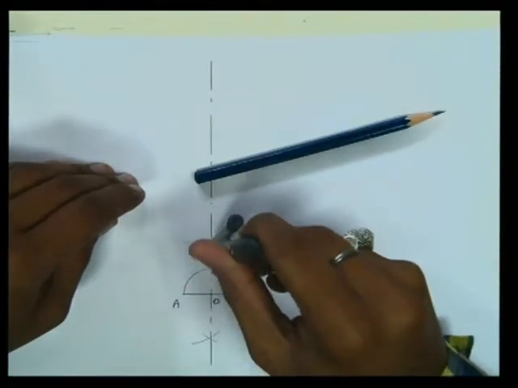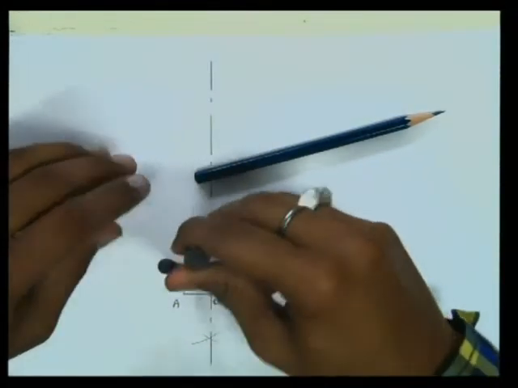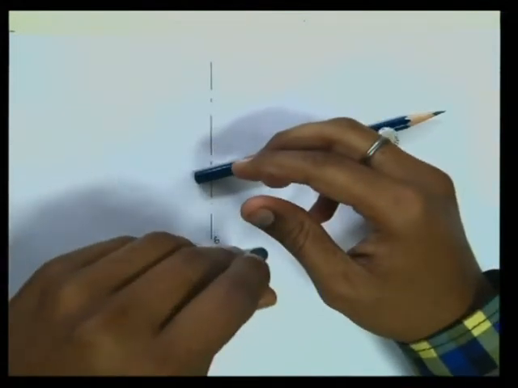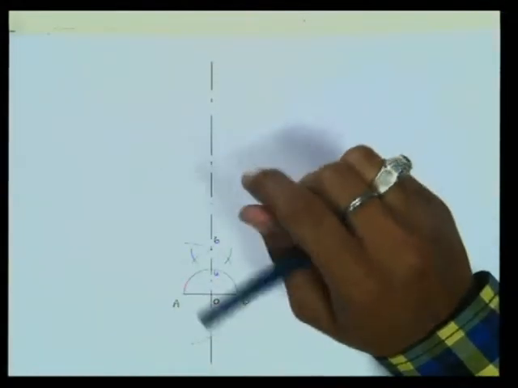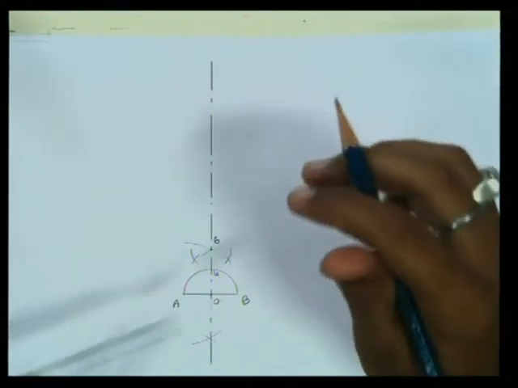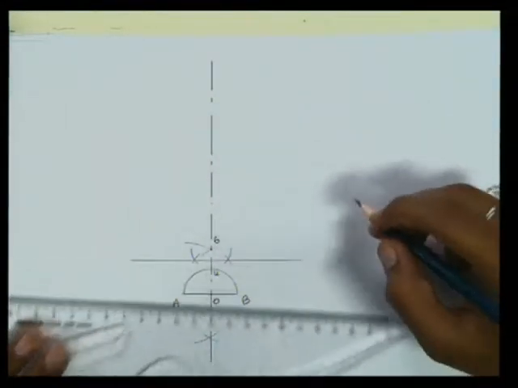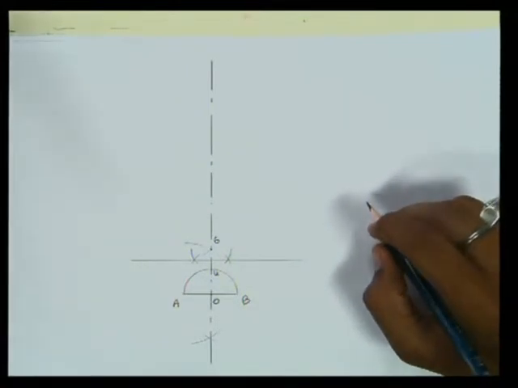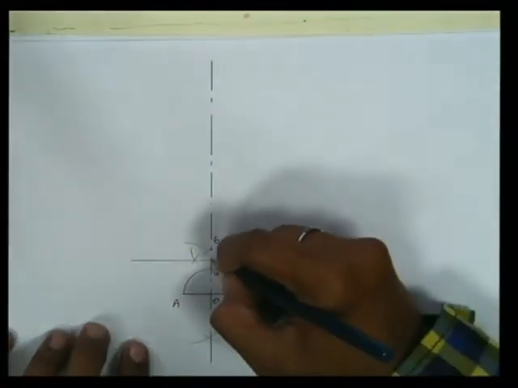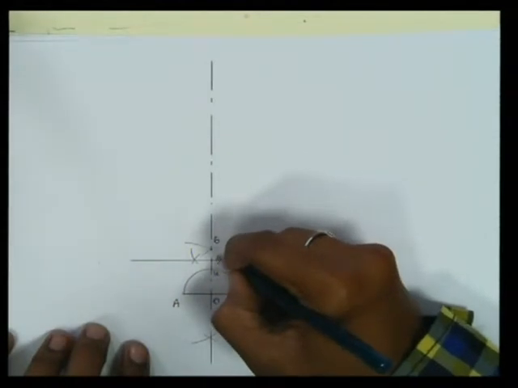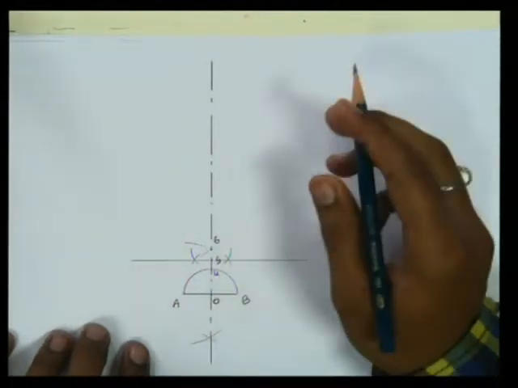Same way, 4, 6 as radius, 4 as center, arc on both the sides. Join the intersecting arc with a light reference line. Where it cuts the bisector line, we will call it as point number 5.